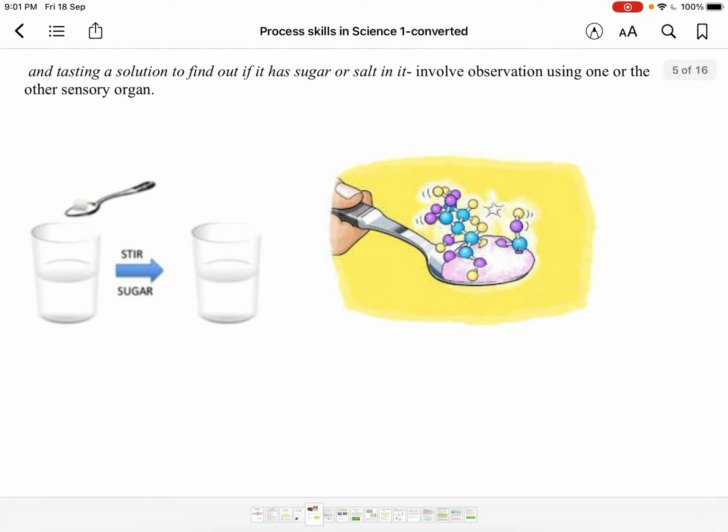For that we have to make use of our sense organ, the tongue. The taste buds are utilized. These are the examples, just to mention that in the process of observation, all of our sensory organs are involved.